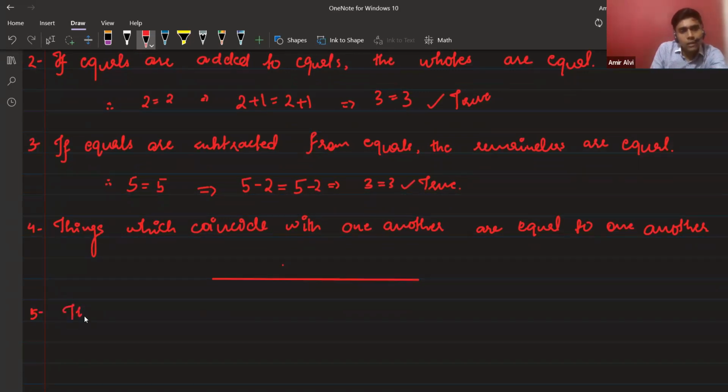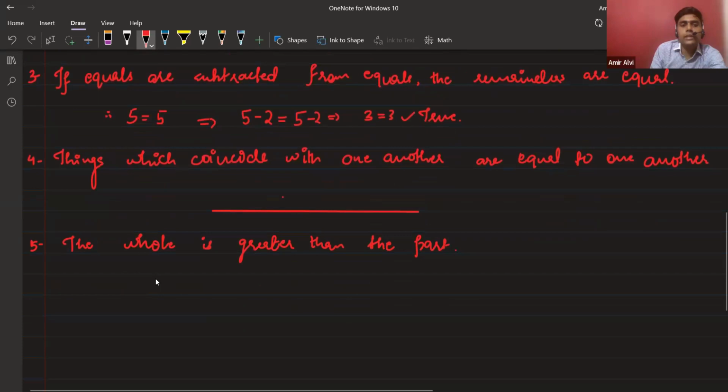Yes. The next is: the whole is greater than the part. So the whole is greater than the part means suppose you have one line.